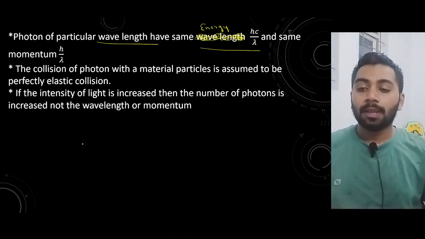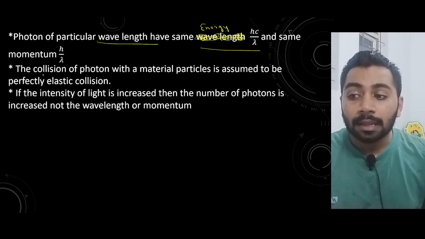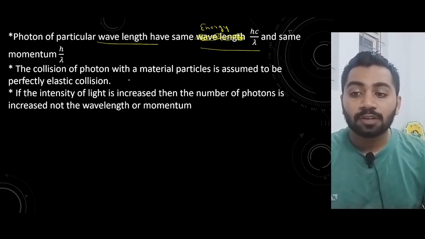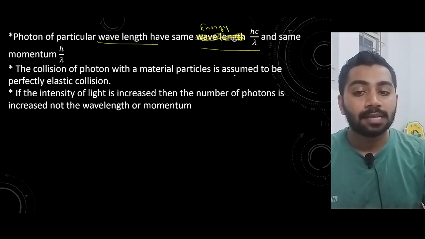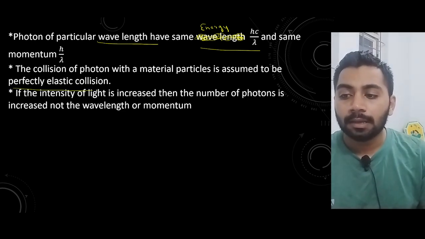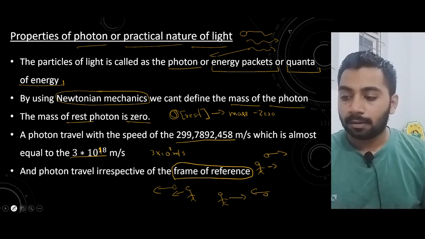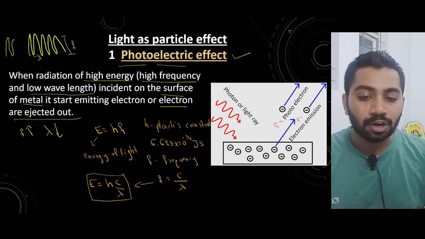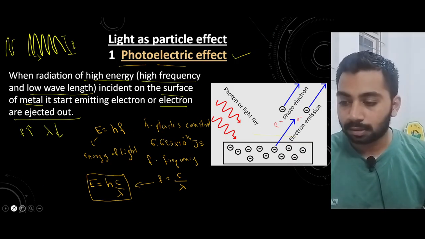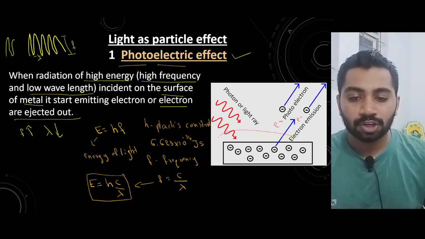I will explain. Next, the collision of a photon with a material particle is assumed to be perfectly elastic. Now this collision is there. Can you see this collision?